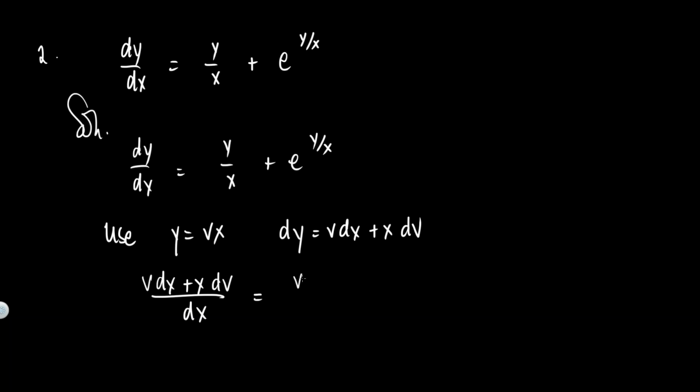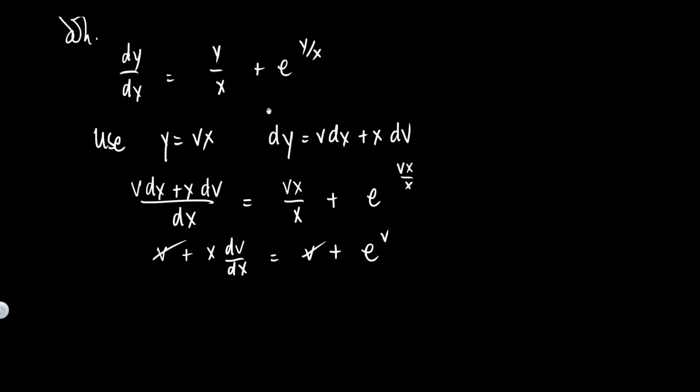Equals y is vx over x plus e raised to vx over x, or this is v plus x dv over dx equals v plus e raised to v. Parehong may v, cancel. Okay? So ano natira?